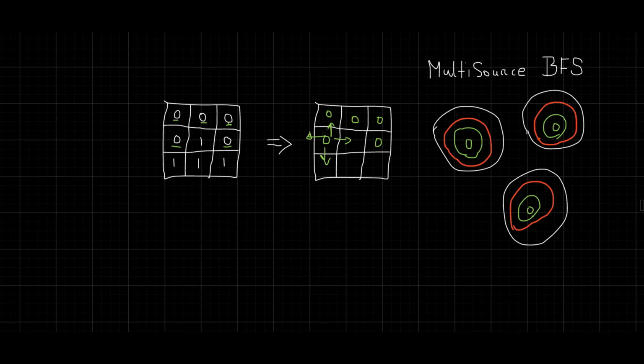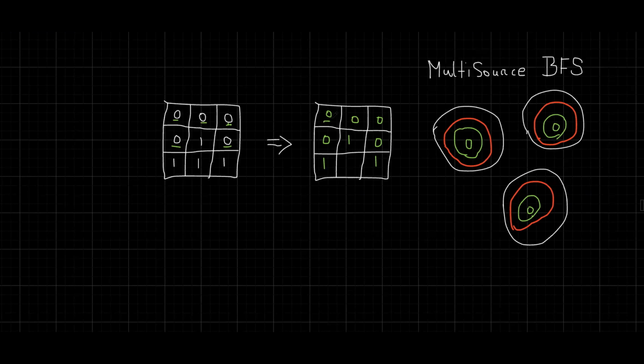Up is already visited, left is invalid, so we can go right and down. So if we go right, it is the first level. If we go down, it is the first level. Now, for this 0, we can go up, left, right, down. So here, for this 0, we can go only down. So it is the first level.